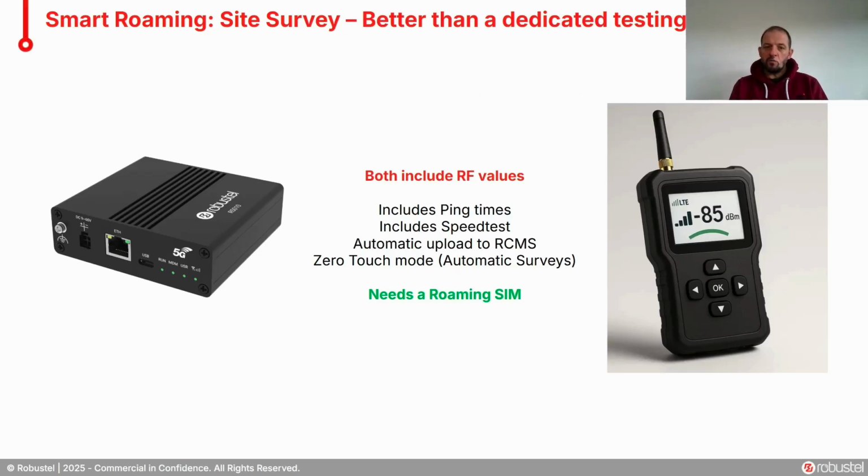Another really important framing of this, if you take, for example, one of our really competent, low-cost, flexible 5G devices, the R5010, and you run Smart Roaming v3 on there, it becomes a brilliant test tool, because a signal strength meter tells you signal strength, but that gives no indication of things like actual download and upload at that point in time, because that can be just as dependent on the load on the cell and how it's sharing out resources amongst equipment.